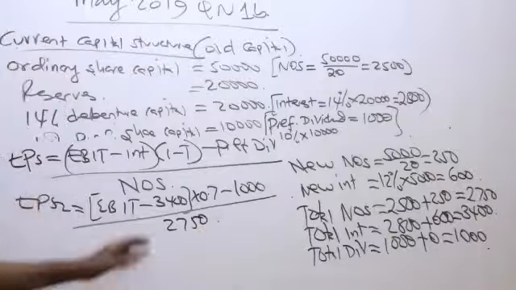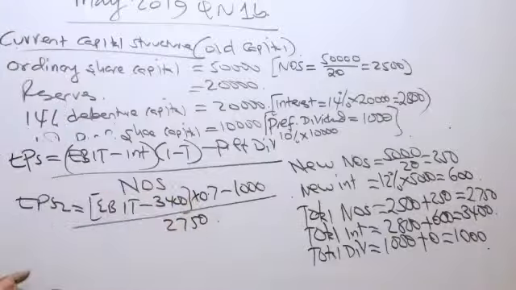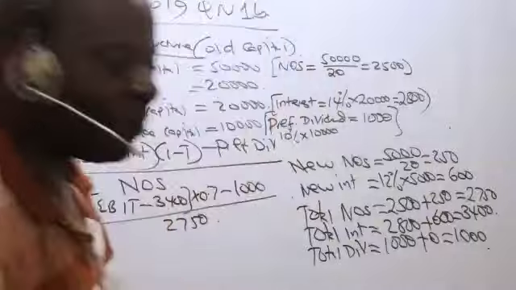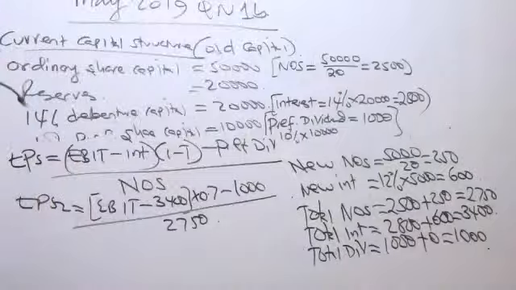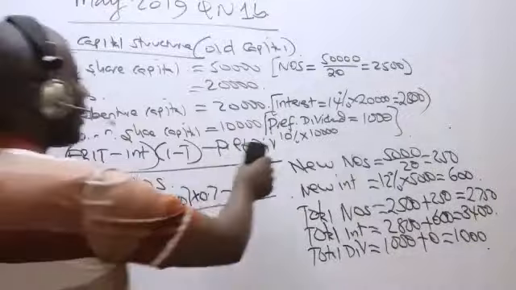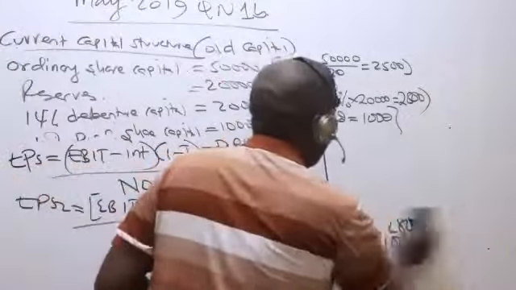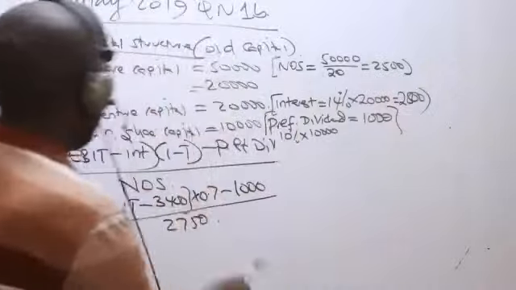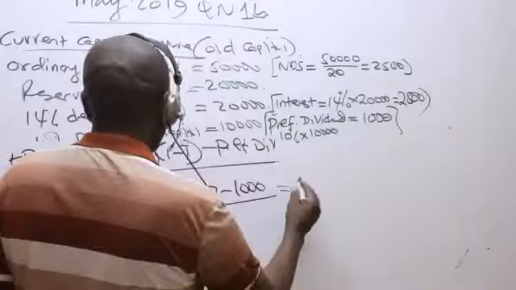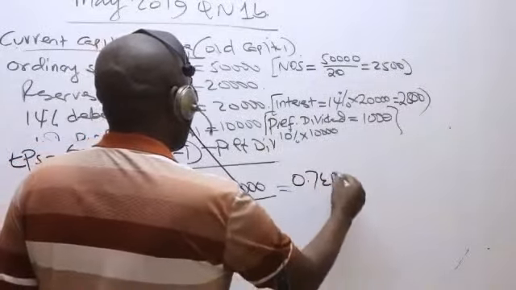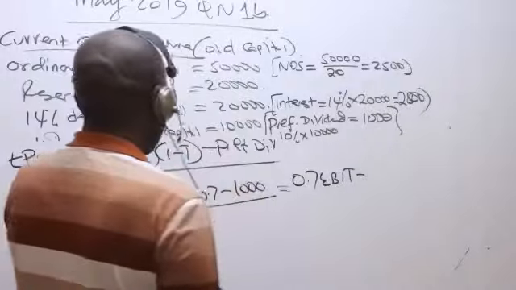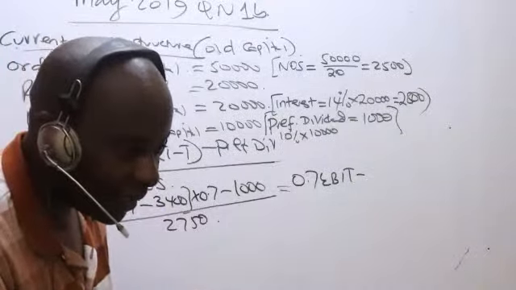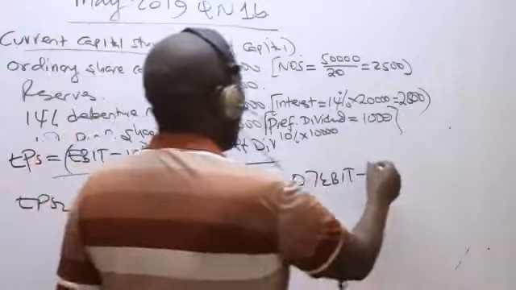So please go ahead and open up the brackets now. What do we have here? When you open the brackets, we have 0.7 EBIT minus this times this, which gives me what figure? 2,380.